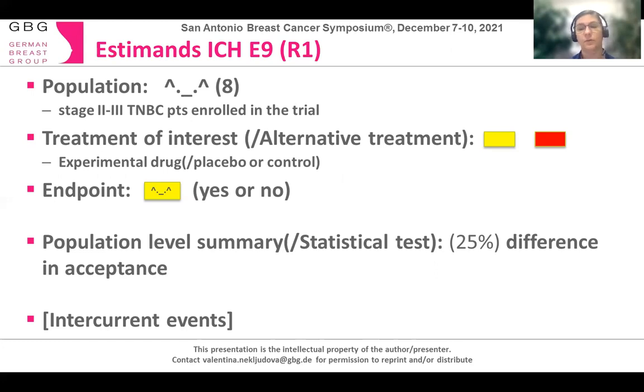You cannot save your trial with fancy statistical methods if you made bad choices for the first 3 attributes of your estimate. There is one more which our hypothetical child hasn't thought about for the cat trial, which is intercurrent events, and I will come back to them a little bit later.